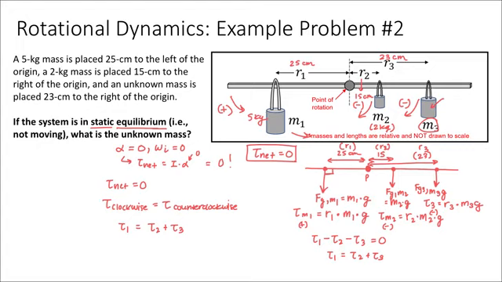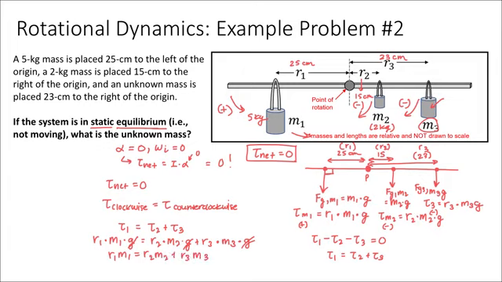So torque 1 would be R1 times M1 times G. That'll be equal to R2 times M2 times G plus R3 times M3 times G. I notice that there's G in every single term, so I'm going to cancel all my G's. And that would be R1 M1, so lever arm 1 times mass 1, equal to R2 M2 plus R3 M3.